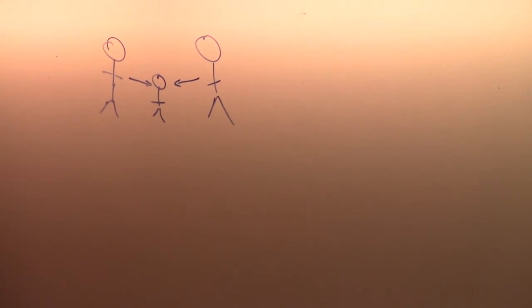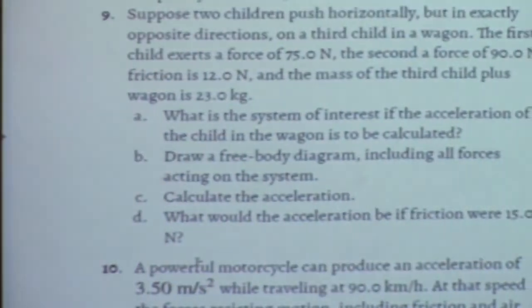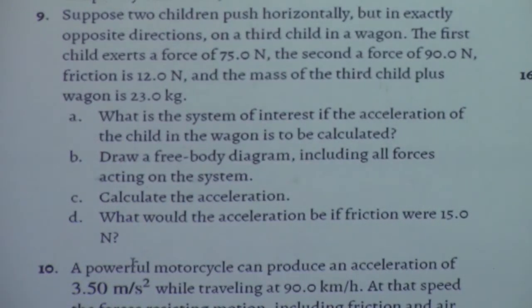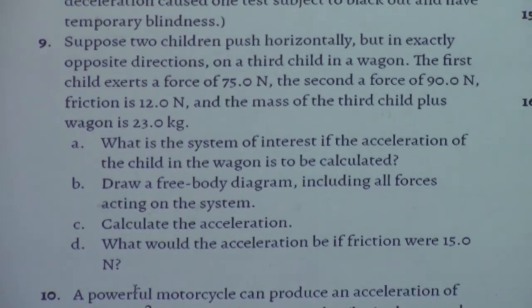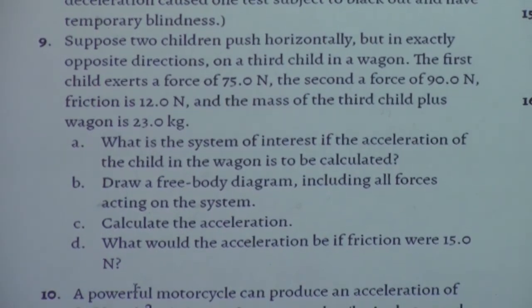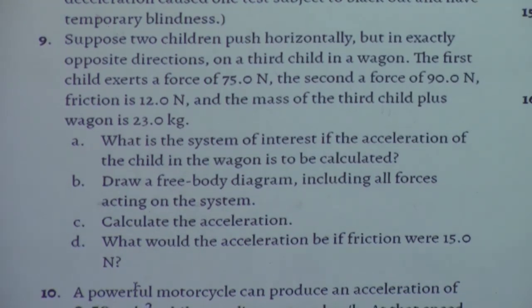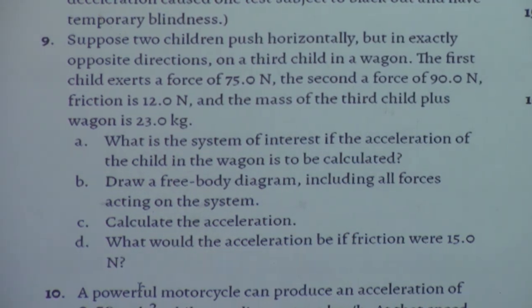Okay. Now, the first child exerts a force of 75 newtons, and the second one 90 newtons. Friction is 12 newtons, and the mass of the third child plus the wagon. Oh, and I'm sorry, I forgot to say the third child was in a wagon. Oh, and I should have put that in my picture. Sorry. Skipped right over that. All right.